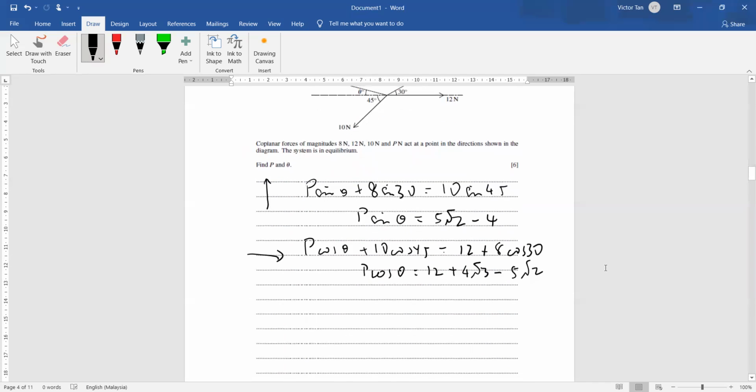Okay, equation 1, equation 2. 1 divided by 2 will be sine theta over cos theta, which is tangent theta, equals (5√2 minus 4) over (12 plus 4√3 minus 5√2).